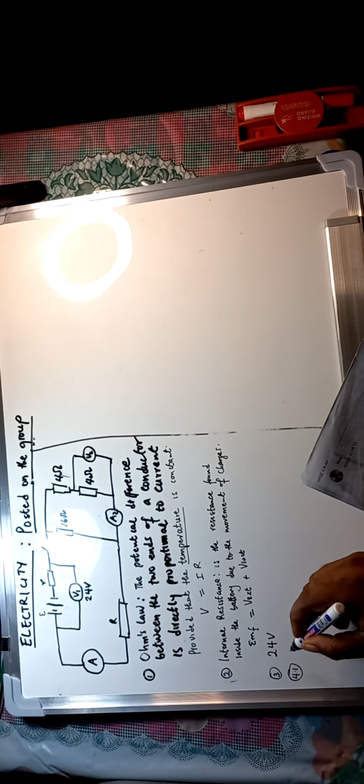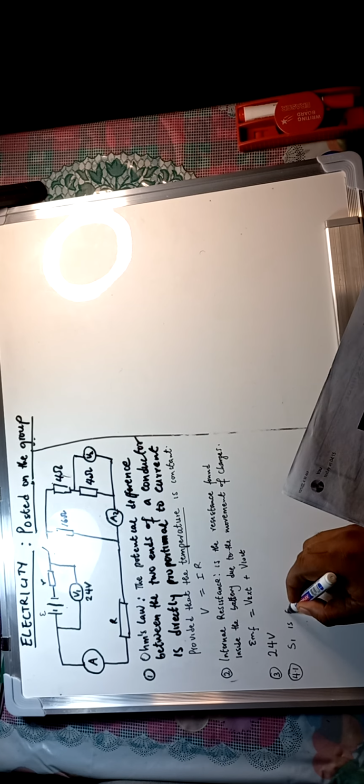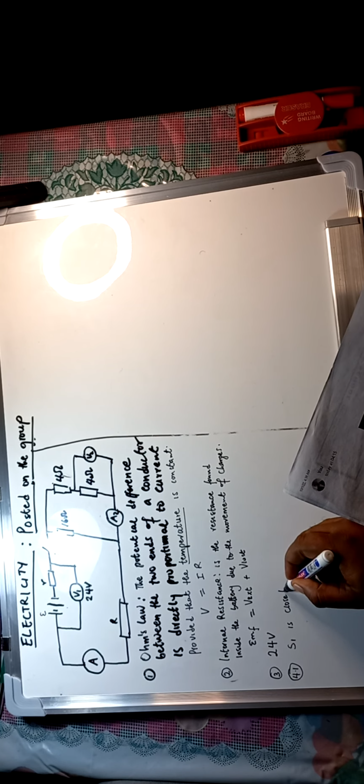We are told from this question that S1 is now closed. And remember, if you read the question very well, we are told that when S1 is closed, the value of this changes from 24 to 20 volts.